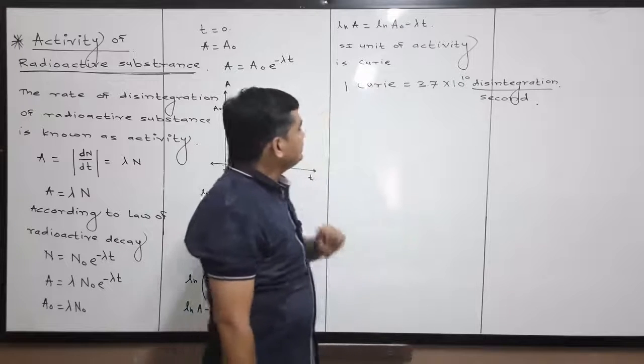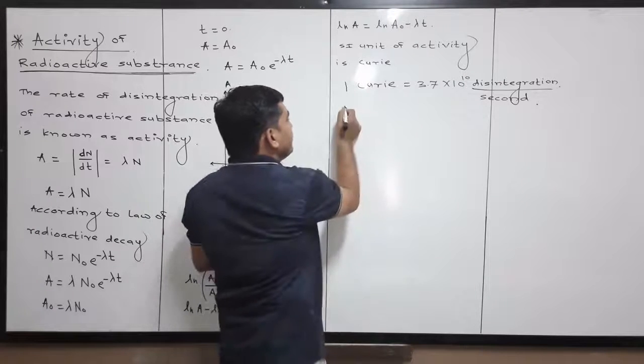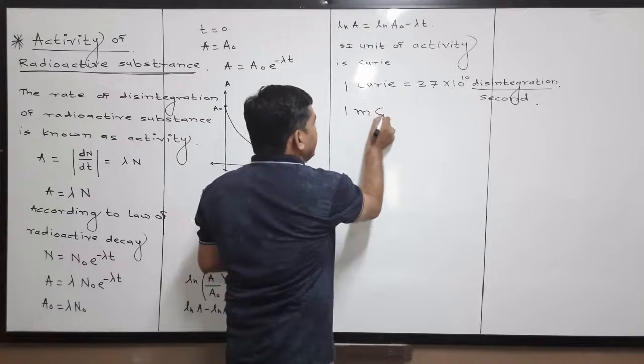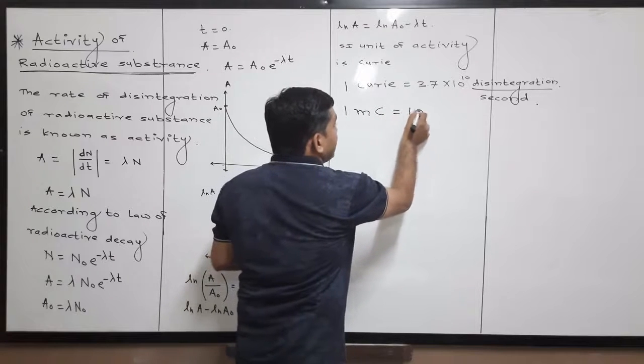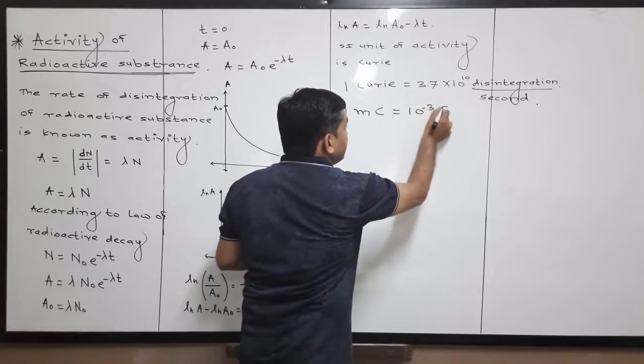Now we can say that 1 millicurie is equal to 10 raised to minus 3 Curie.